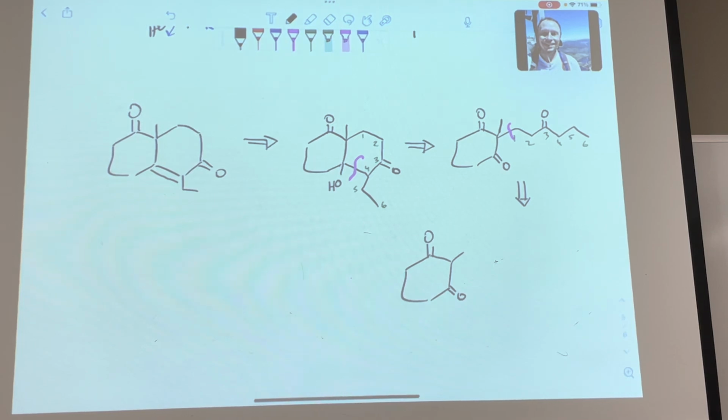And then whatever's left must be the Michael acceptor. Now, obviously, that's not a viable Michael acceptor the way I've drawn it, because a Michael acceptor has to have the alpha beta unsaturated carbonyl, but that's easily fixed like that.